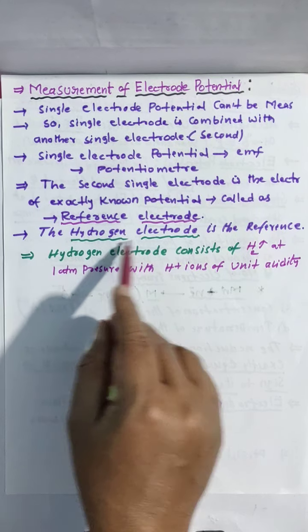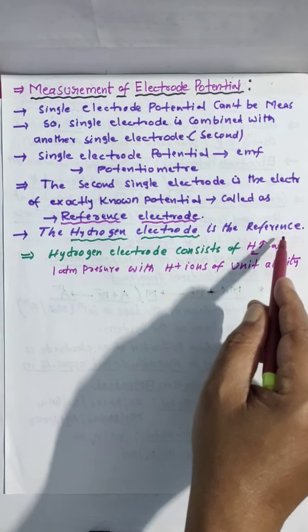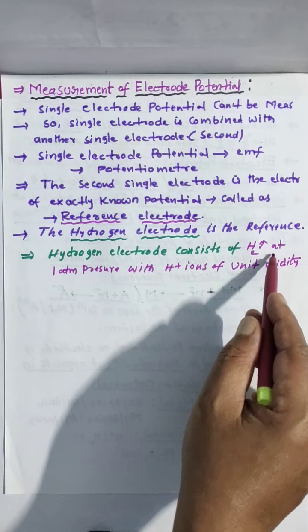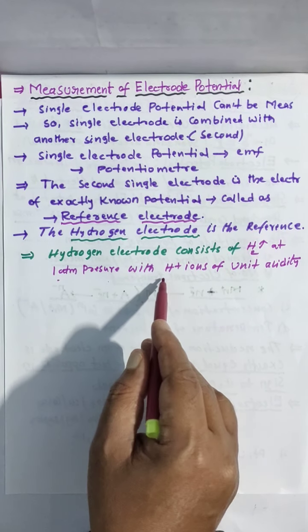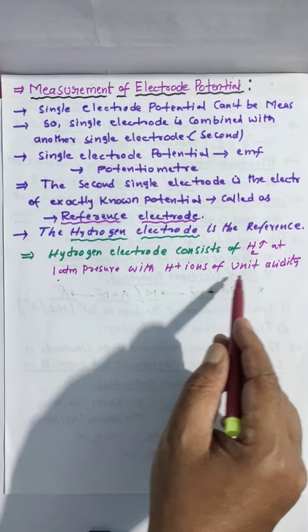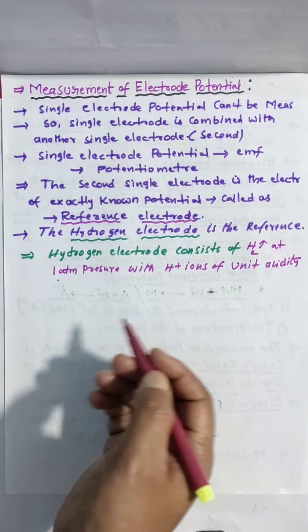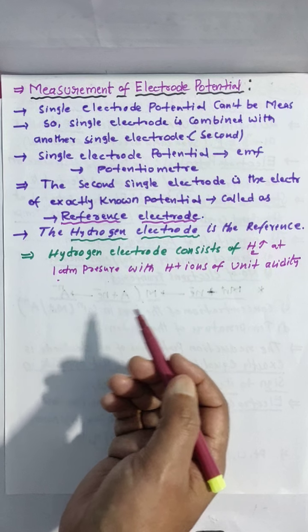Generally we use the hydrogen electrode as the reference electrode. This hydrogen electrode consists of hydrogen gas at 1 atm pressure with H plus ions of unit acidity. Unit acidity is nothing but 1 molar concentration.